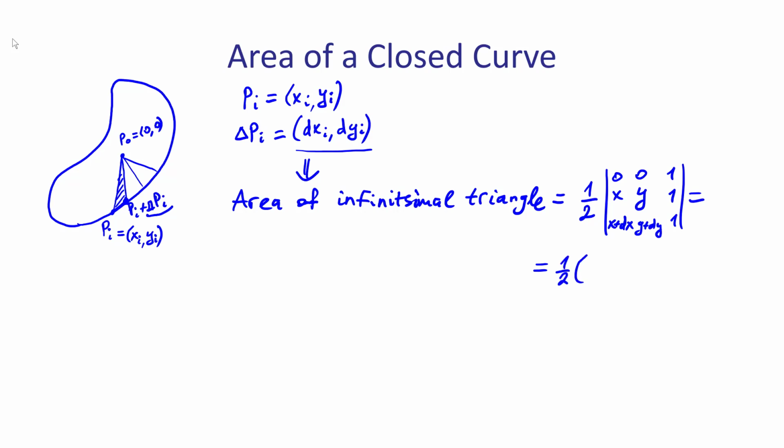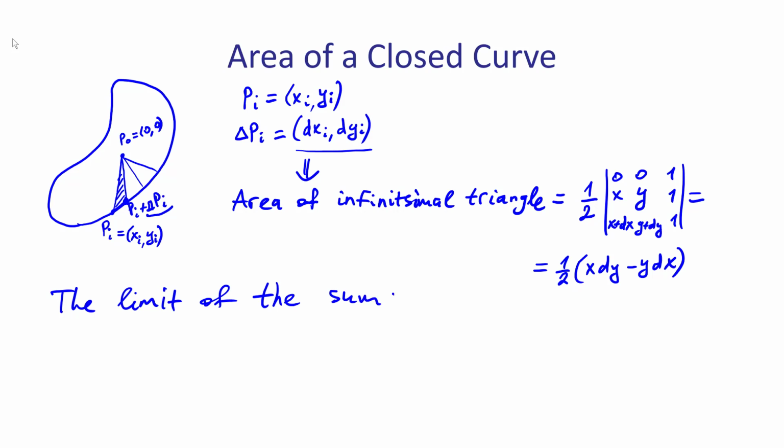It's 1/2 multiplied by x dy minus y dx. Now, when we add along the line all of those triangles together, the limit of that sum will, of course, be an integral.